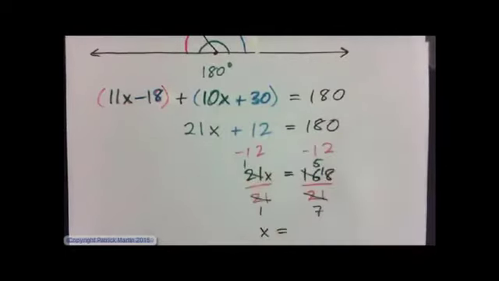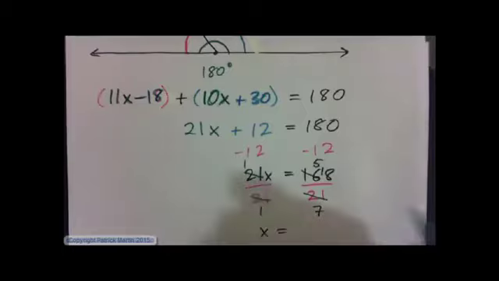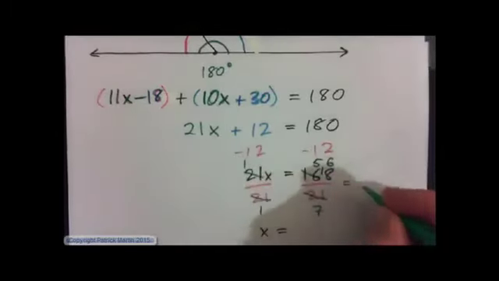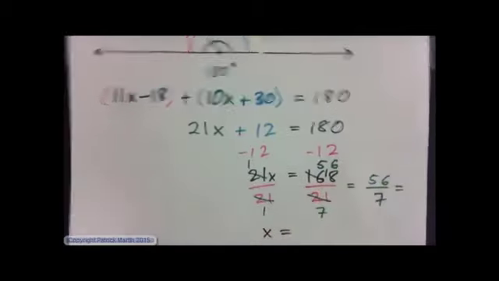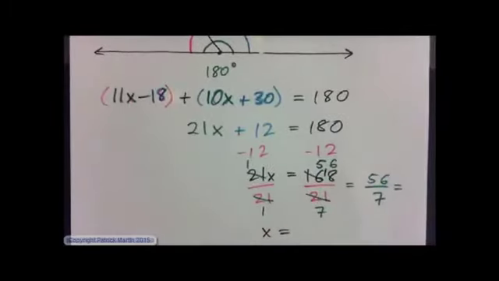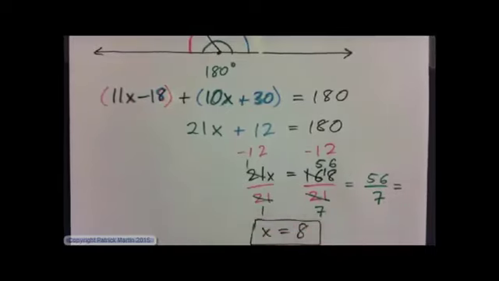So put the 1 there. Now what's 3 into 18? 3 into 18 goes 6 times. So we get 56 over 7. Can you simplify that even further? 56 divided by 7 is 8. So x equals 8 is the answer.